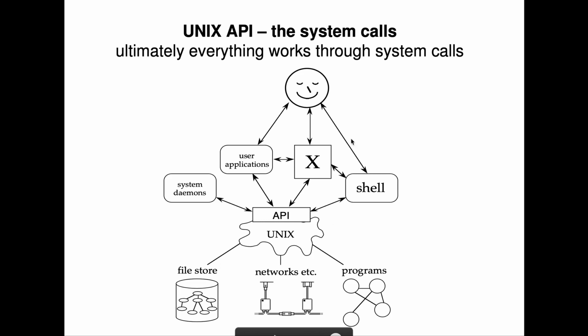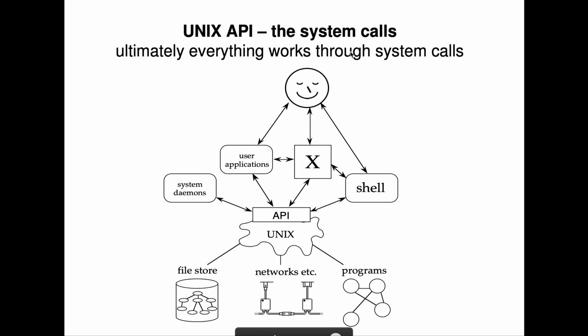So for example, you have a Word document, and you want to open a file via the word processor. Word has to issue an API command to Unix, and Unix will go to file storage to read the file and show it on the monitor to you.